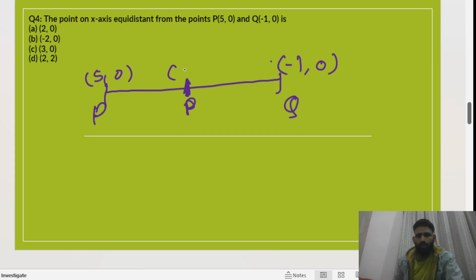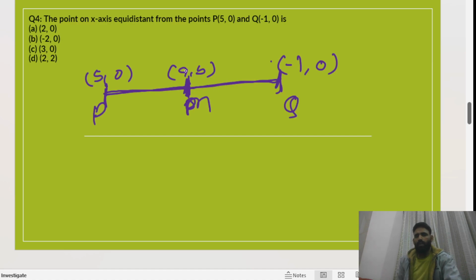Suppose this point is M, and this coordinate is (a, b). So we use the distance formula two times. Suppose this is M. First find the distance P to M and M to Q, and both are equal, so we can find PM and MQ.